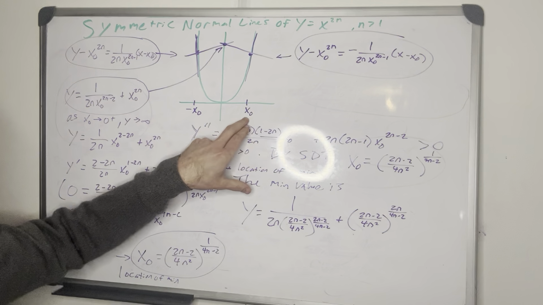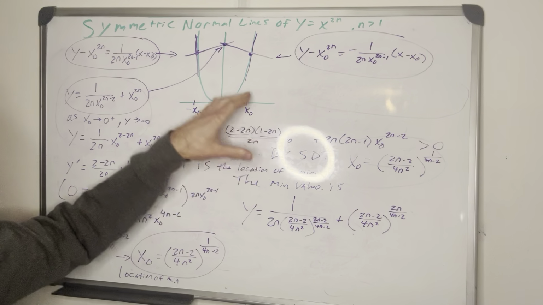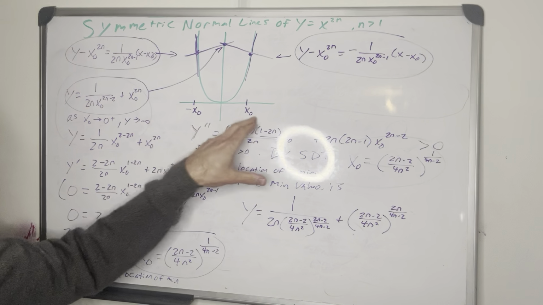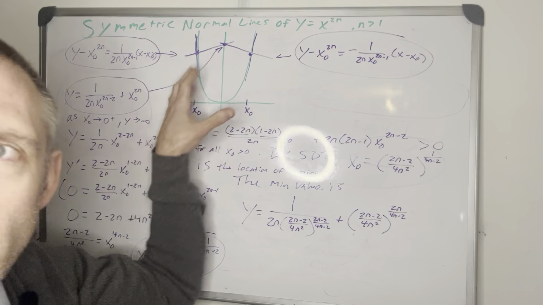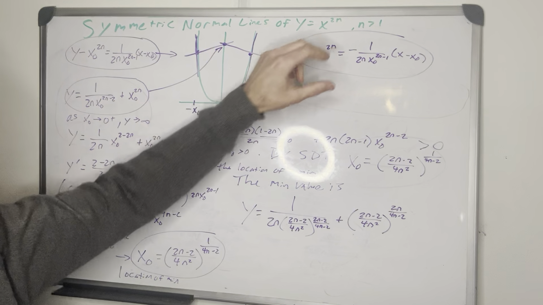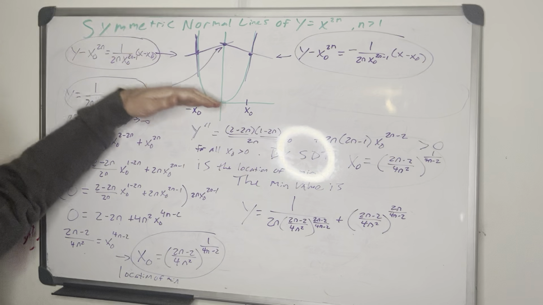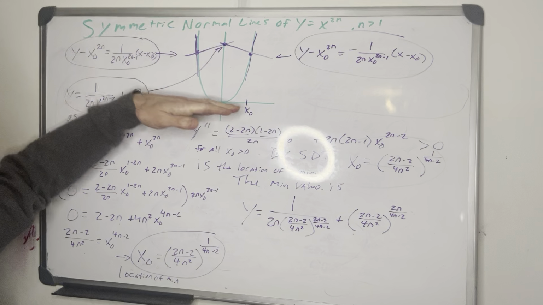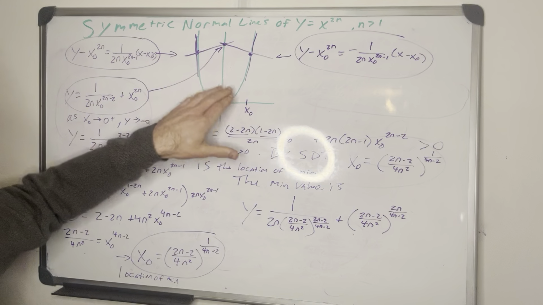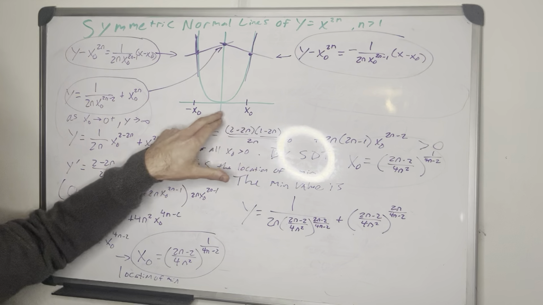So you pick a particular x0 positive, and you form the normal lines through these two symmetric points, at these two different points on the curve. In the case when y equals x squared, it's nice. It doesn't quite flatten out as much at the origin, so you do get a minimum value as x0 approaches 0.